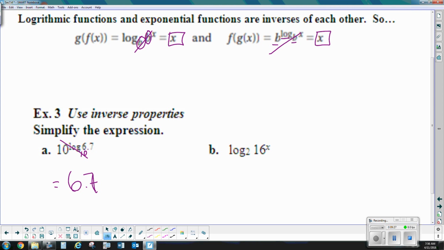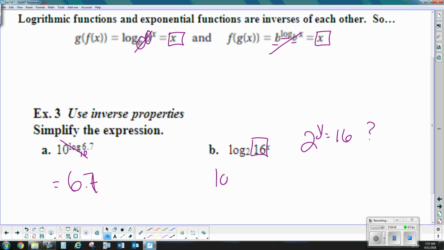In the second problem, we have log base 2 of 16 to the x power. 16 and 2 are not the same base, so we need to think of what 2 to what power is 16.